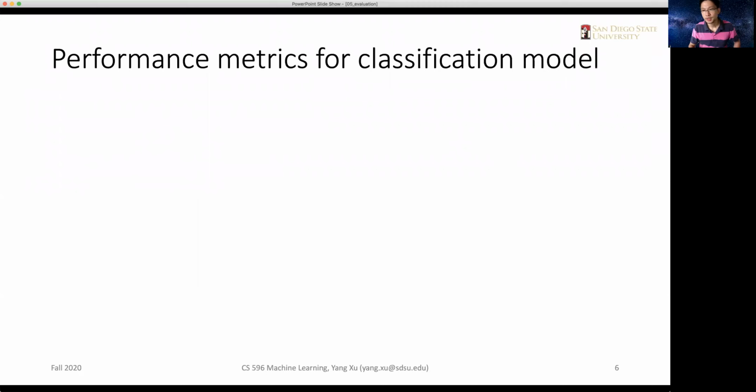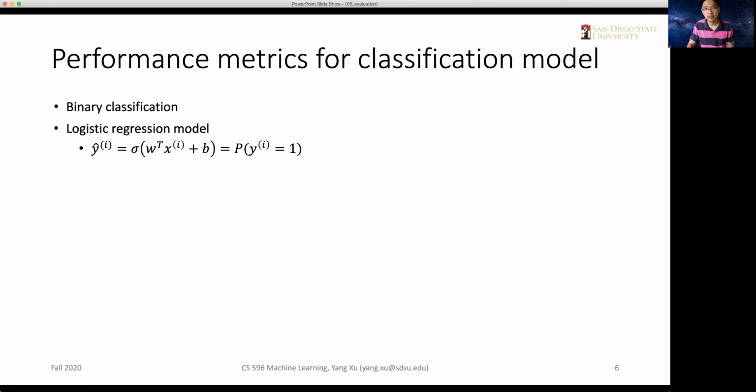So the focus will be the metrics for classification models. In the simplest case, for binary classification, we have, for example, trained a logistic regression model.